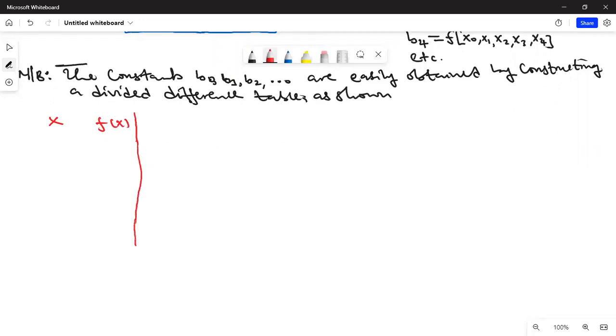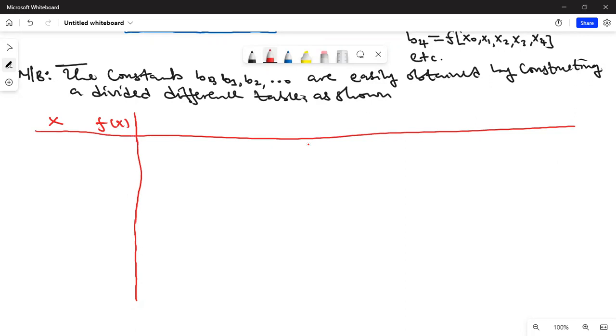Let's say here we have x naught, and here it is f of x naught, x1, f of x1, x2, f of x2, x3, f of x3. So that is our table.